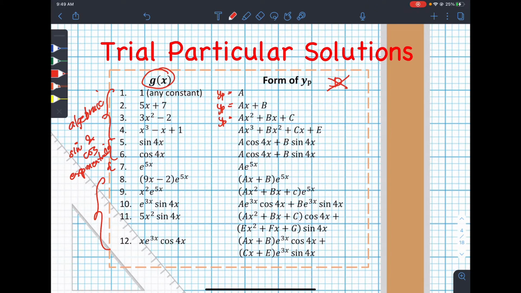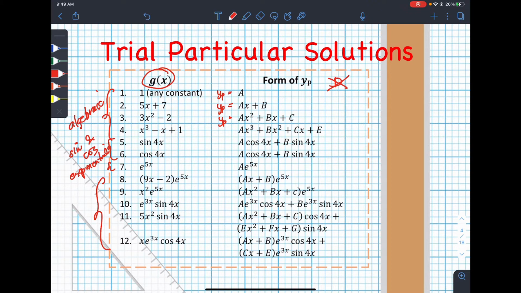Our trial particular solution then, we're just going to change the 5 into a and the 7 into b, because b would represent the constant and a would be the coefficient of x. So we just have to take a look at the degree of the algebraic function.